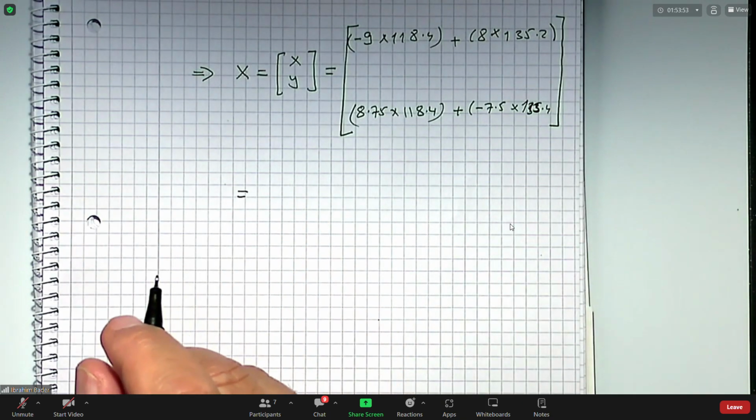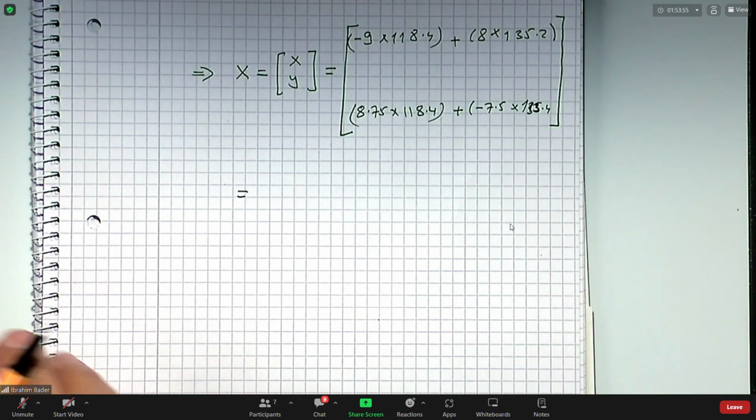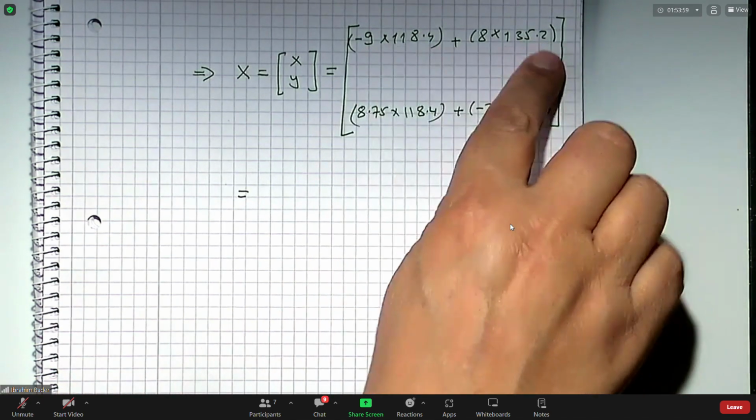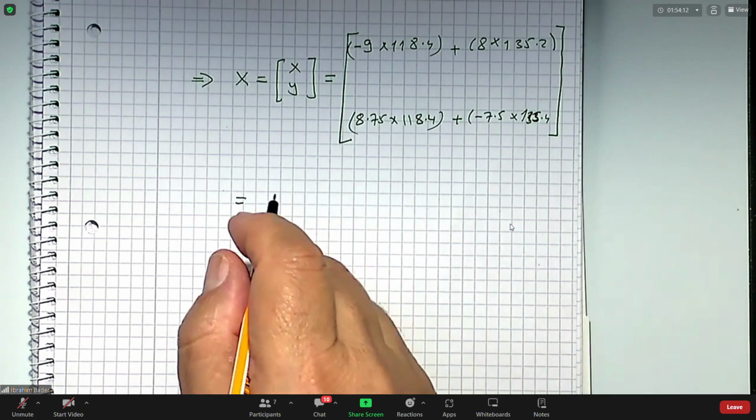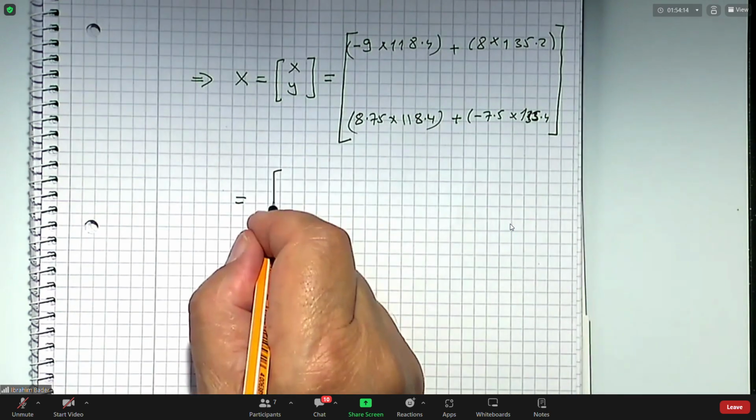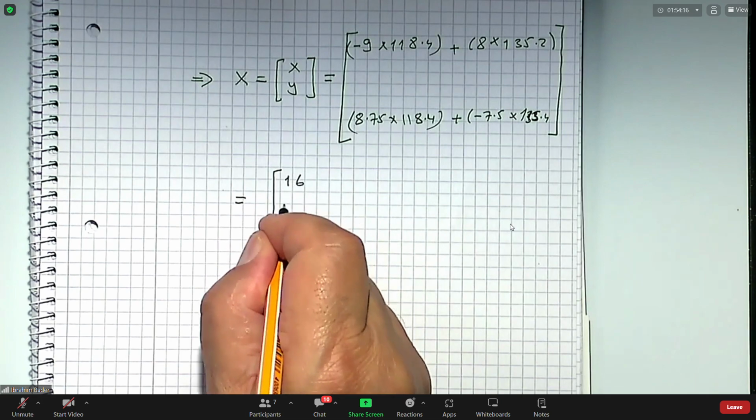Okay, so can anyone evaluate these values? This here, first line. 16 and 22. Great, thank you. 16 and 22.